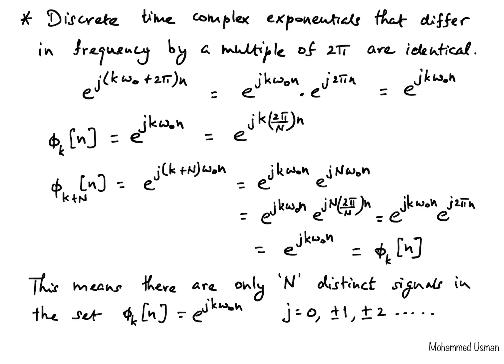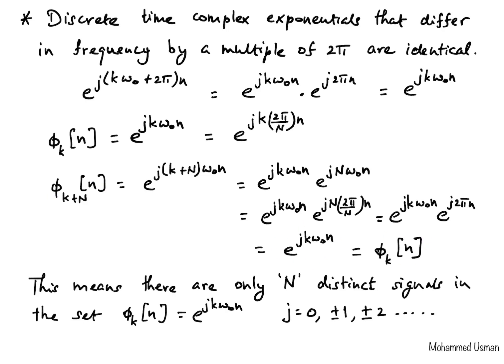So the two signals become identical. Okay, we can observe the same thing in the entire set of discrete complex exponentials in general. If we denote our phi k of n as e power j k omega naught n, then phi k plus N of n, so in place of k we put k plus N, becomes equal to phi k of n.